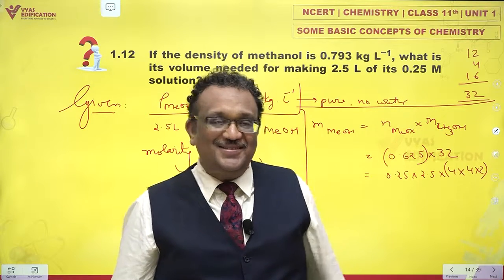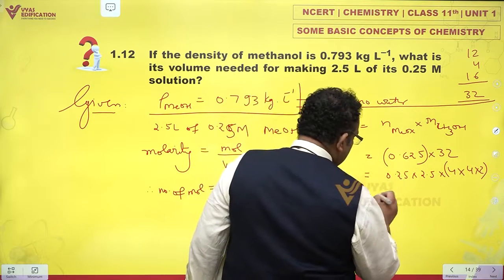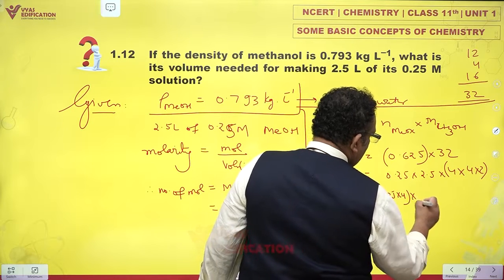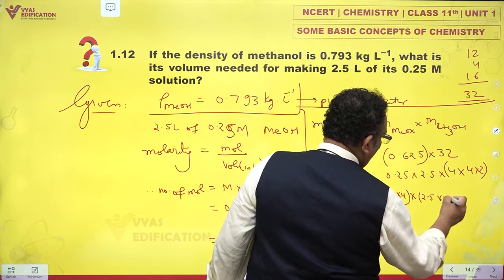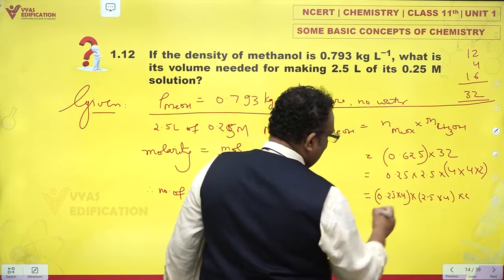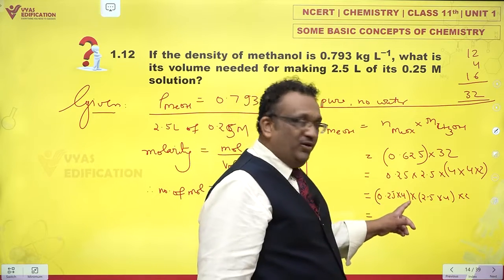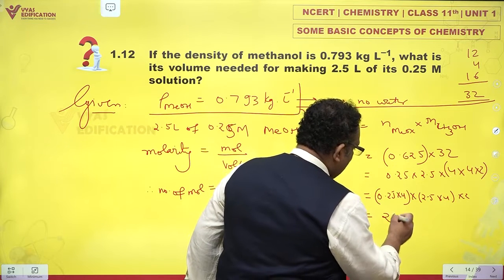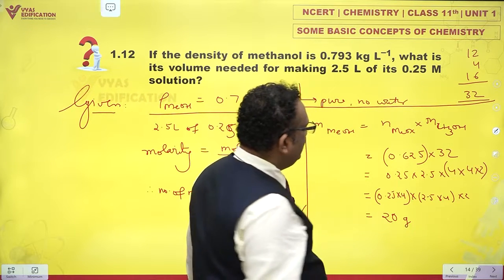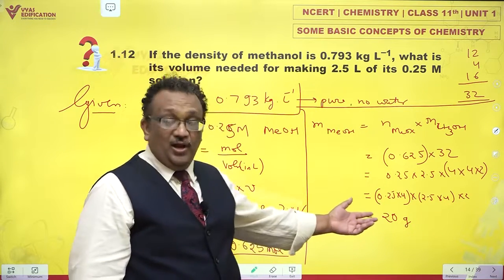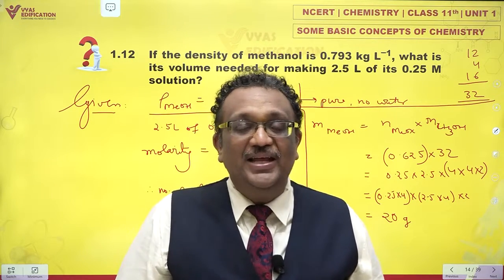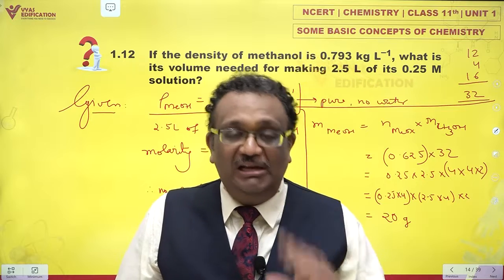So I'll just say this is 0.25 into 4, 2.5 into 4. I've just clubbed these. 0.25 into 4 is 1. This is 10. 10 into 8 is 80. Wait, that makes it very simple. This is 20 grams. Oh my God, I have 20 grams of methanol? Yes, I have exactly 20 grams of methanol. Very clean calculation.